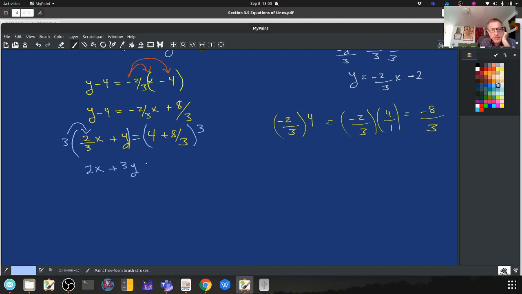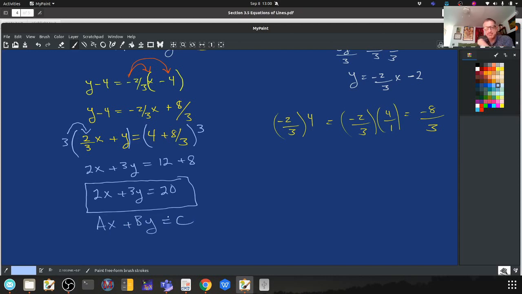And 3 times 4 is 12, and 3 times 8/3 is 8. So I get the equation 2x plus 3y is equal to 20. And that's a perfectly good equation in the form ax plus by is equal to c.